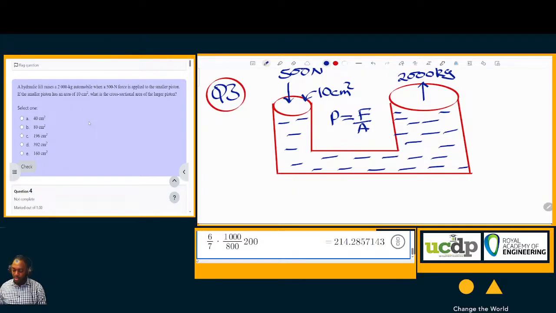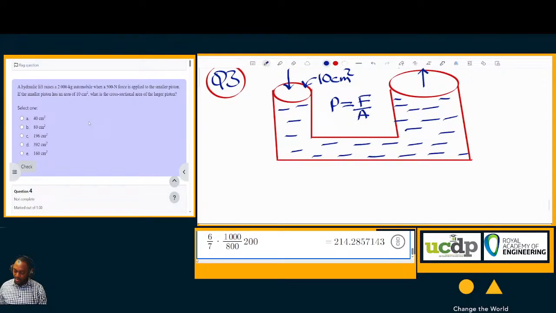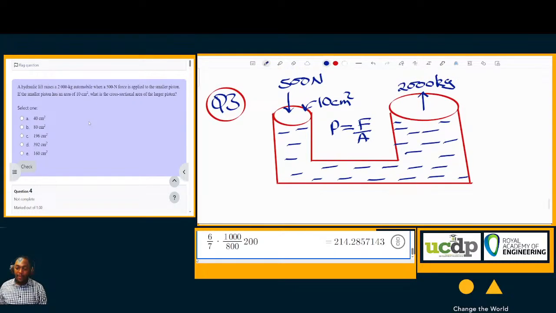The difference now is the area. So to know the area at this point, we should know the pressure.